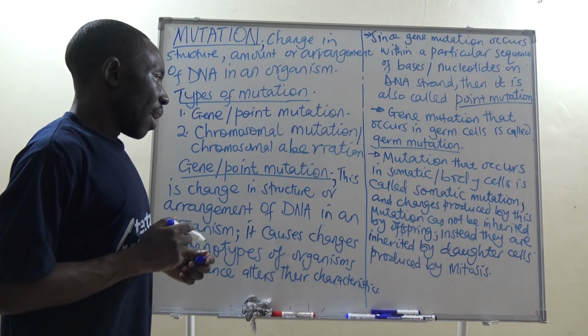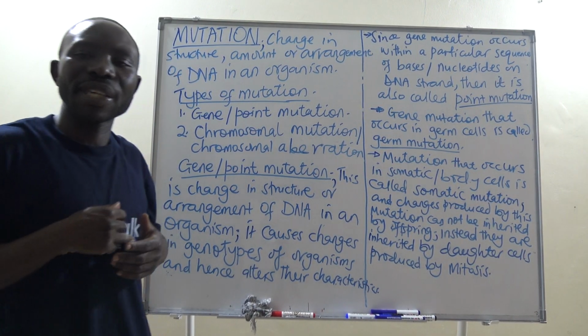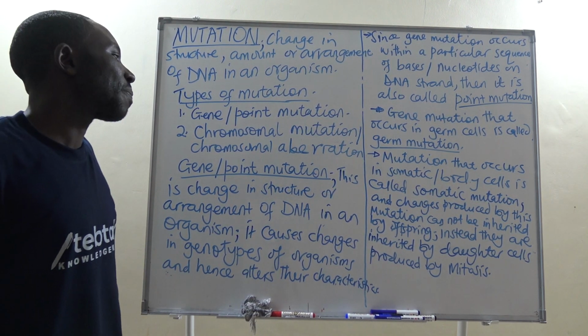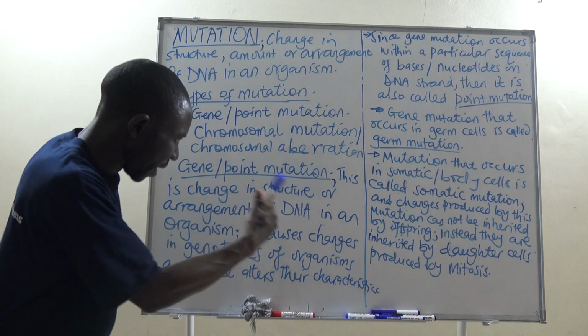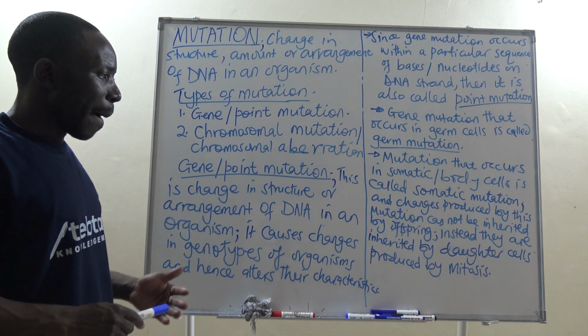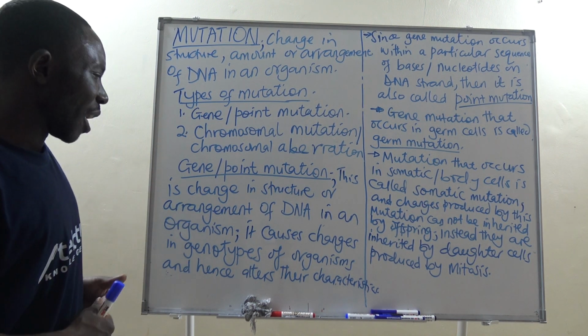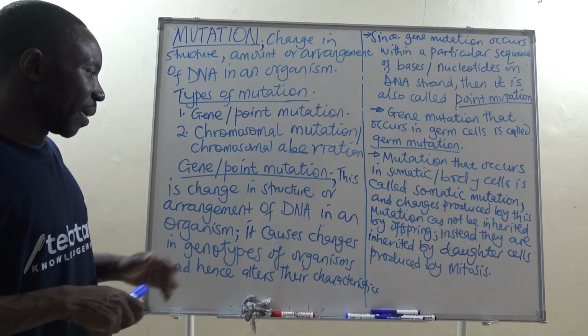So the changes which occur in body cells or somatic cells can never be inherited by offspring. Instead, they are inherited by the daughter cells produced by mitosis only.